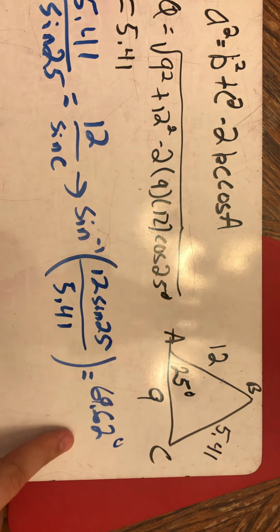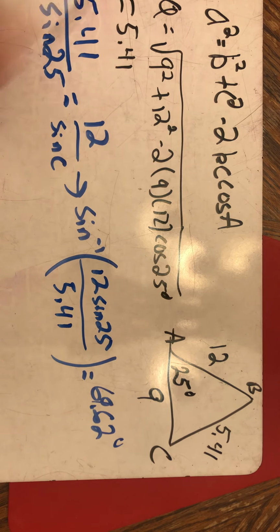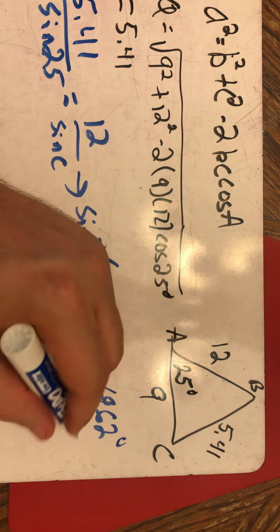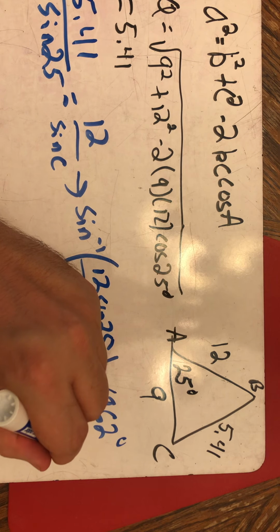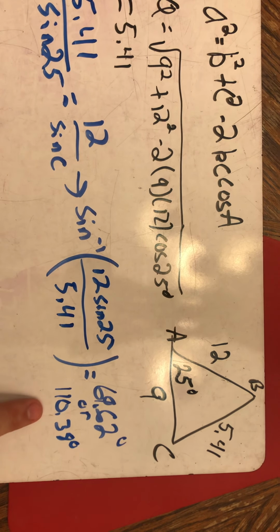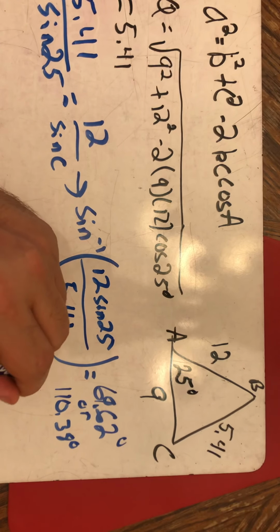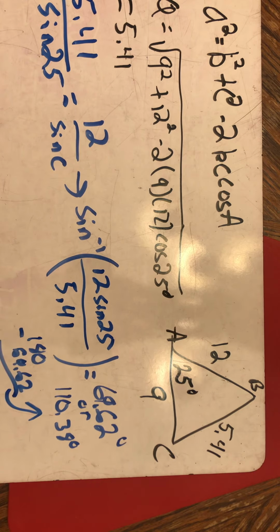This 69.62 could have a different value as well, because with the law of sines, there are two different values for the same one. The other one that it could be is 110.38. How I found that? I did 180 minus the 69.62, which gave me that number right there.